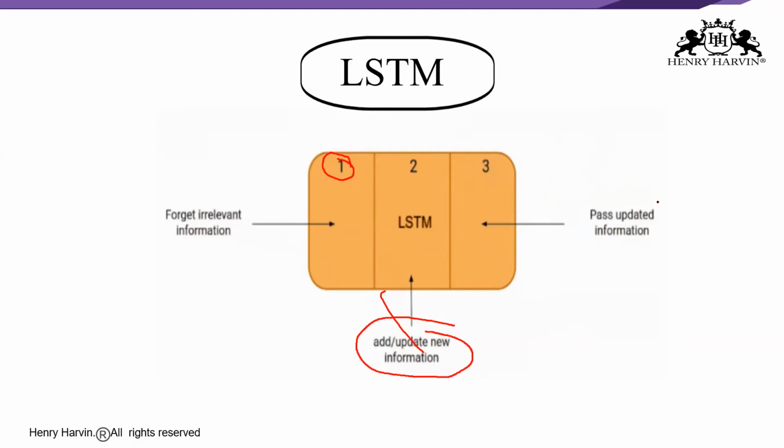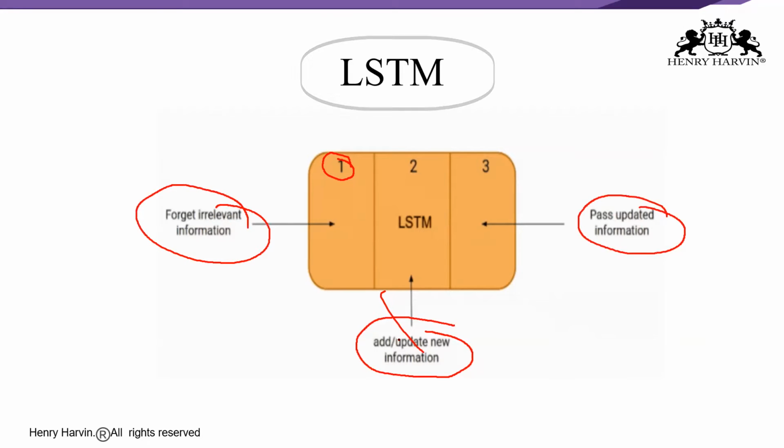Here the cell passes the updated information from the current timestamp to the next timestamp. Hope this is clear. So part 1: forget irrelevant information. Part 2: add or update new information. Part 3: pass the updated information.